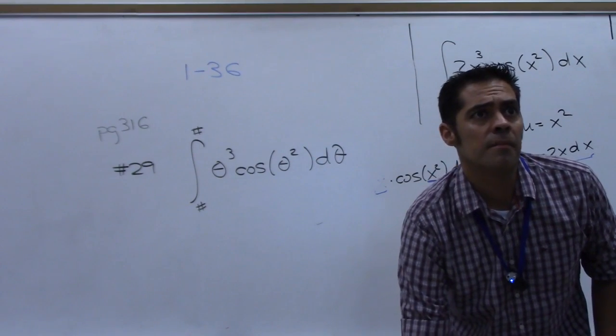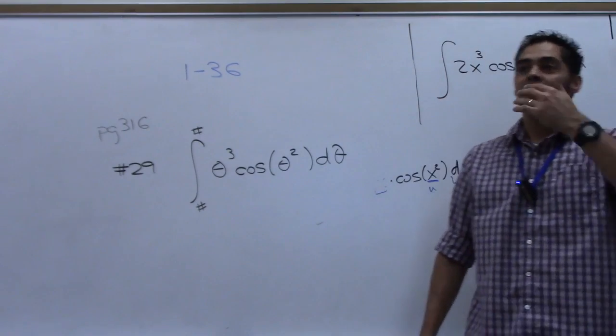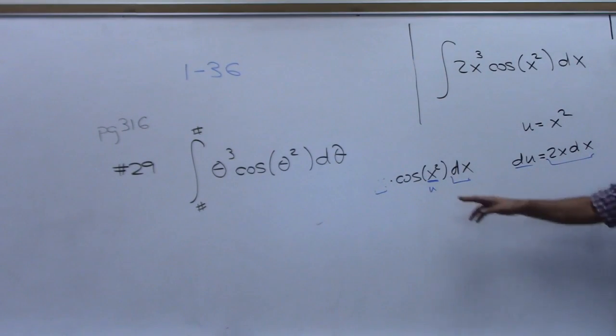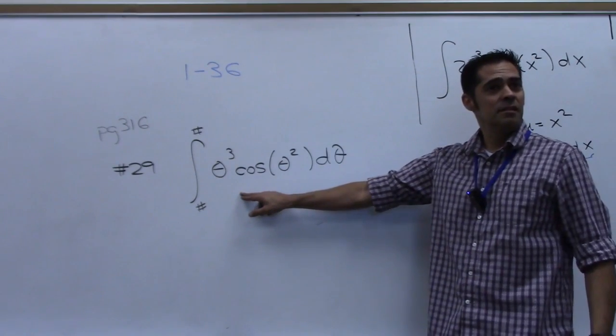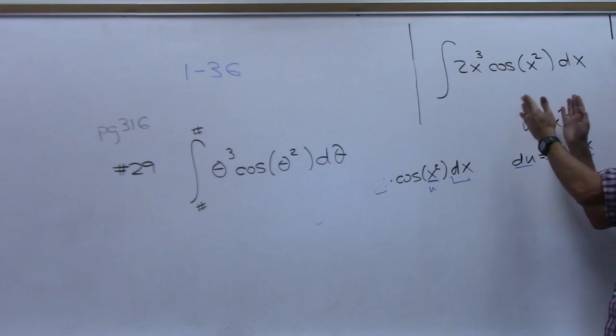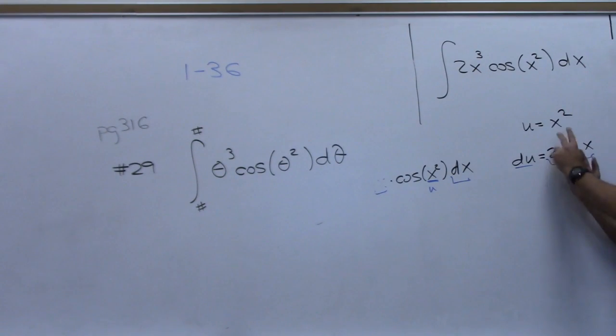Okay, 1 through 32, there it is. I gave that same assignment to my class last semester. Number 29 is in that assignment, and that's the problem I gave them. The only thing I did was change it from theta to x, and I gave them the 2 so that it worked even better here.